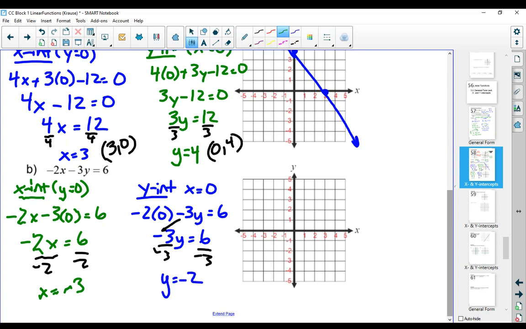So if we look at our coordinates, we're going to have negative 3, 0, and 0, negative 2. So we plot our points, 0, negative 2 and negative 3, 0. And again, you should be using a straight edge. And we plot our graph.